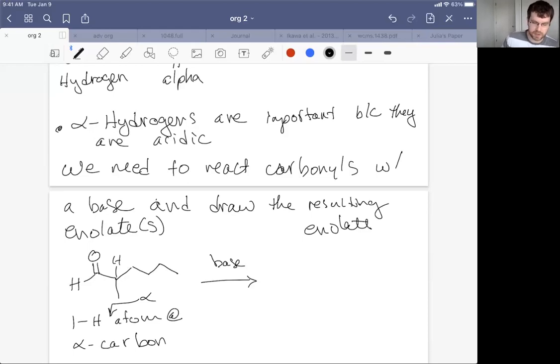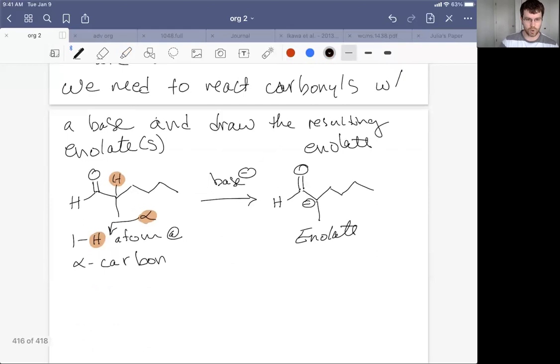If you're keeping track of betas, we have 2 beta positions, but it's this one alpha hydrogen that's attached to the alpha carbon. So when we add base to this, we are going to form the resulting enolate, which I show as a carbon with a negative charge. This is all you need to provide for me if I say draw the enolates.